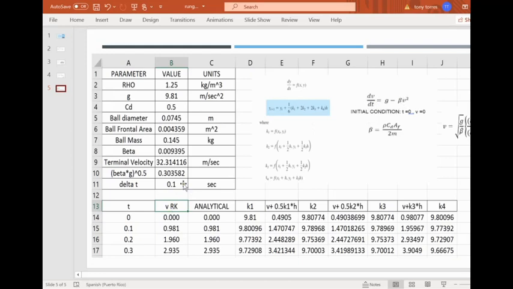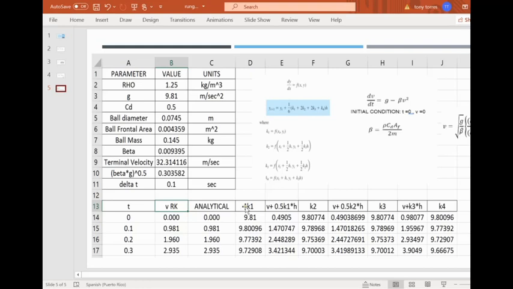All right. So now that I have delta t, it's very straightforward to put all this equation as shown here. Let's start easy on this one. As you can see, I have the time here. I have the Runge-Kutta velocity calculation, which is basically this equation here. But to use this equation, from this row and on, you need all the slope calculations.